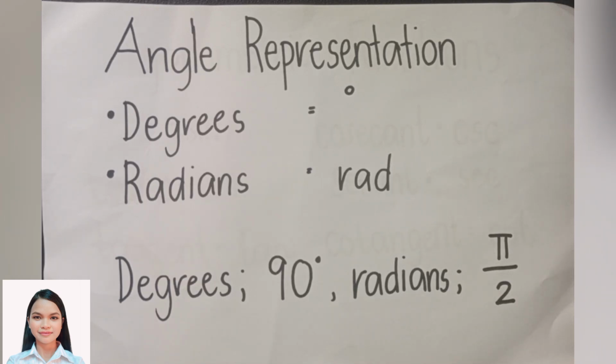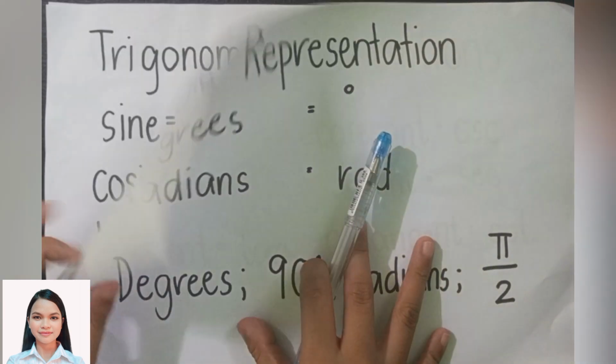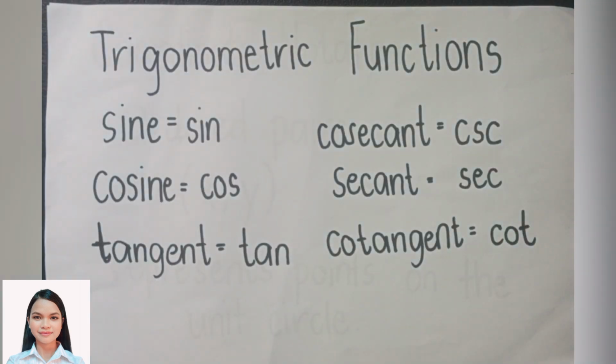For example, degrees are written as 90 and the degree sign, and for radians, we'll write pi over 2 to represent an angle. Next is the trigonometric functions. There are 6 trigonometric functions: the sine, cosine, tangent, cosecant, secant, and the cotangent.